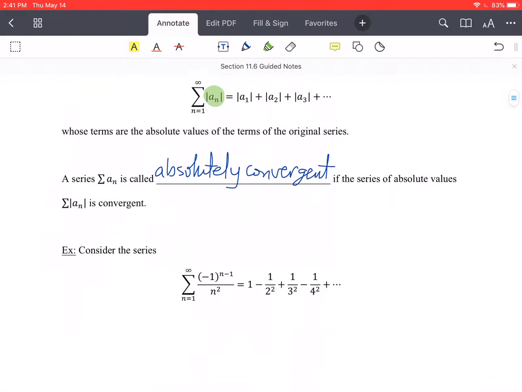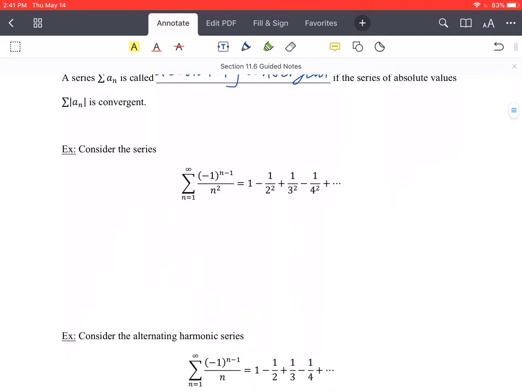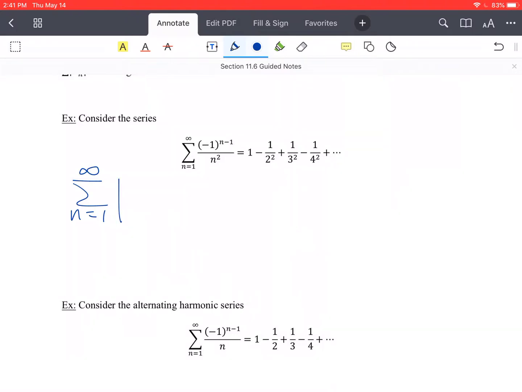Okay? So consider this series, negative 1 to the n minus 1 over n squared. So this is an alternating series, right, with the primary series being 1 over n squared. So if we look at the sum, going from 1 to infinity of the absolute value of negative 1 to the n minus 1 over n squared, no matter what the negative 1 power is, positive 1 or negative 1, the absolute value makes it positive every time.